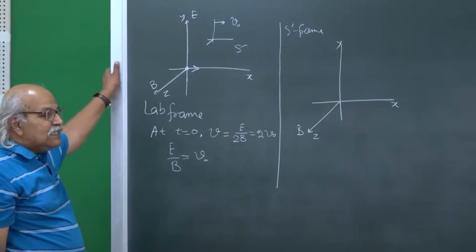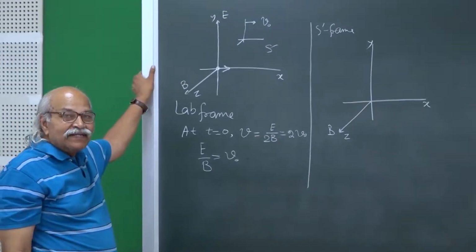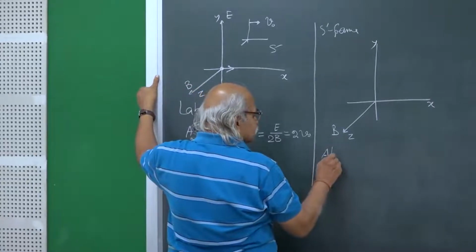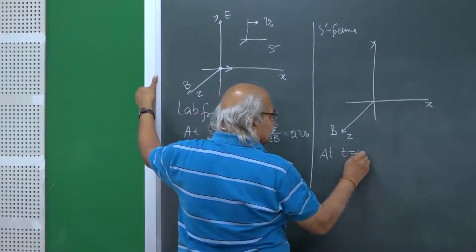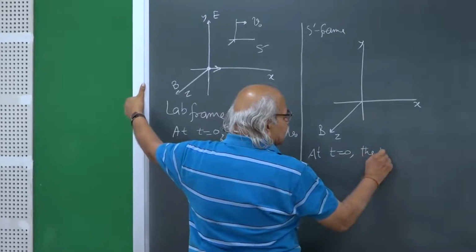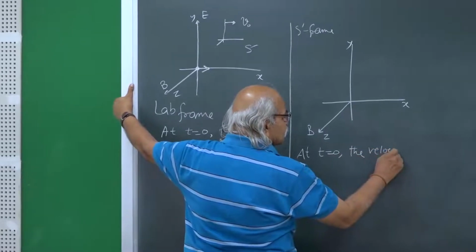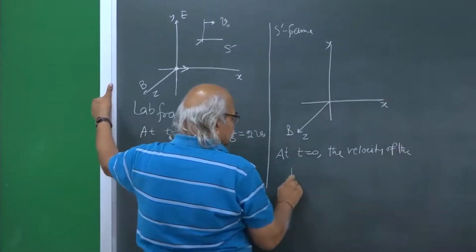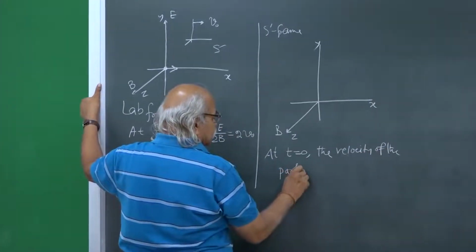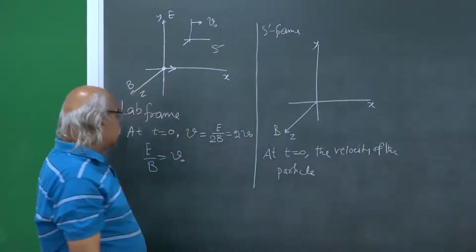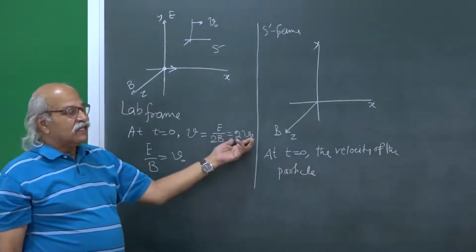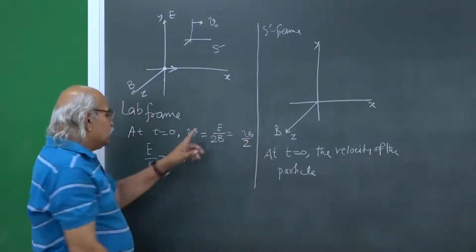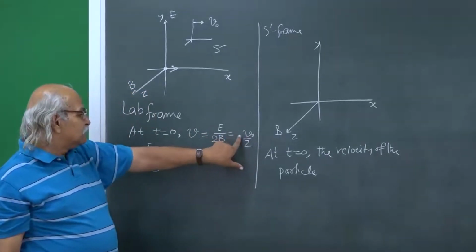And what is the initial velocity of the particle in S prime frame? So, at t equal to 0, the velocity of the particle in S frame is this much. Oh, this is not 2 V naught, this is V naught by 2. E by B is our V naught, so it is V naught by 2.